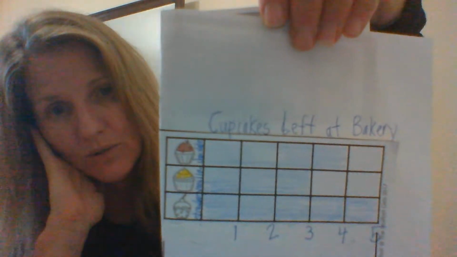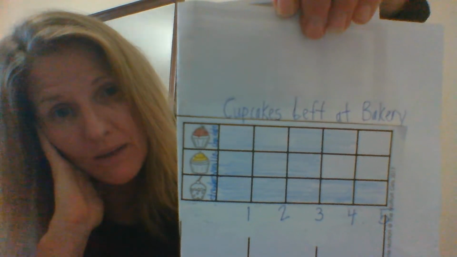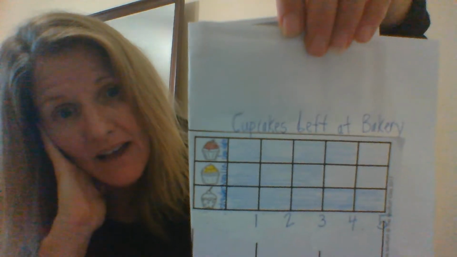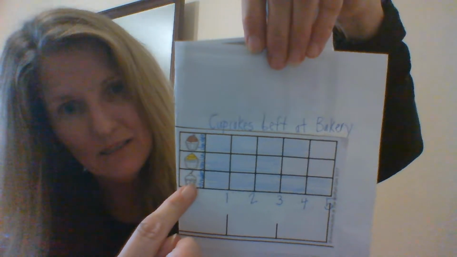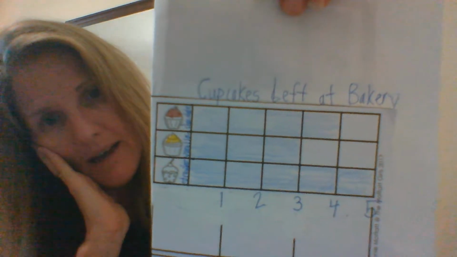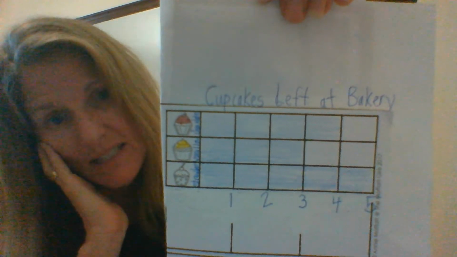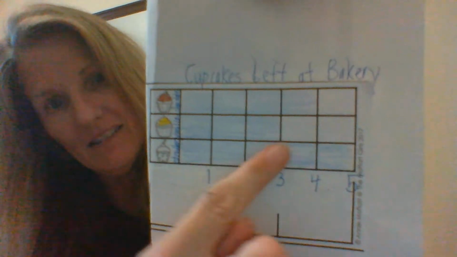So, of course, what kind of cupcake do they have most of at the bakery? Yeah, easy to see. Pretend that's pink, strawberry. And what cupcake do they have least of left at the bakery? Yeah, right there.